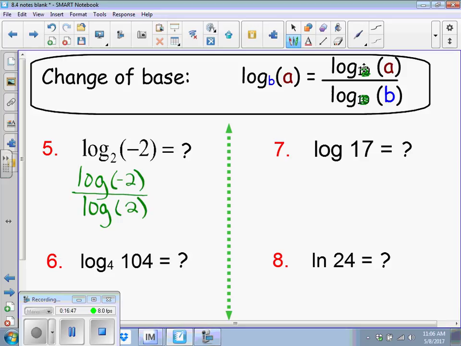I just don't need to write the base 10. Now we're going to put it in our calculator. You're going to do log of -2 divided by log of 2. What do y'all get? You get error, right? I wonder why.